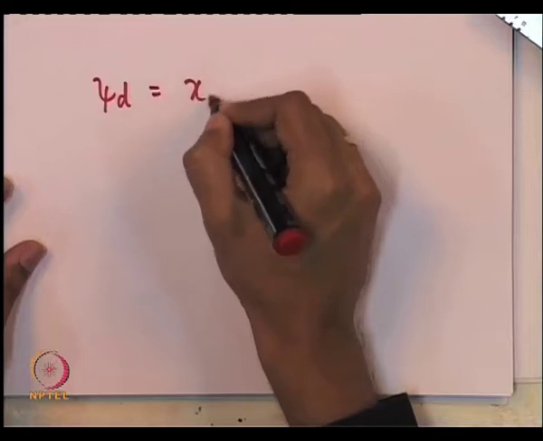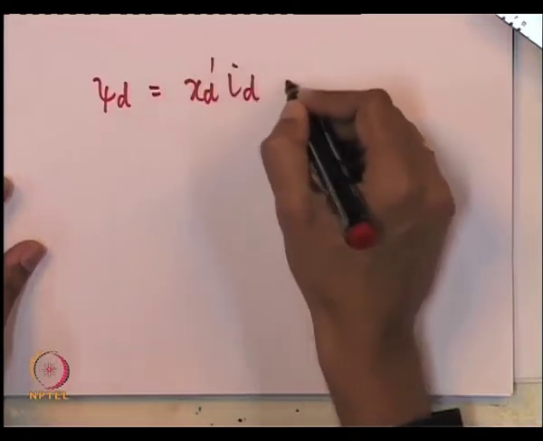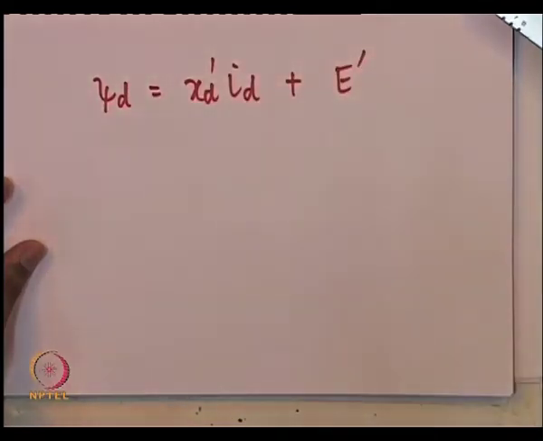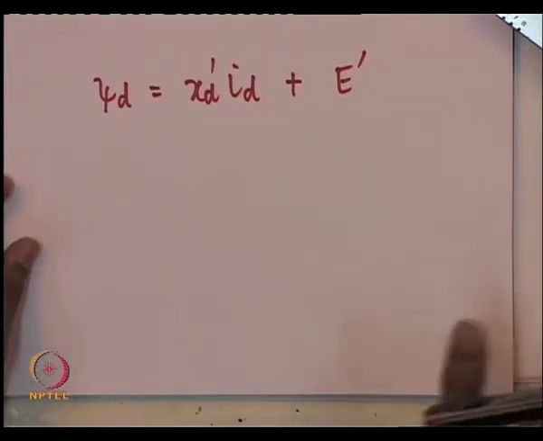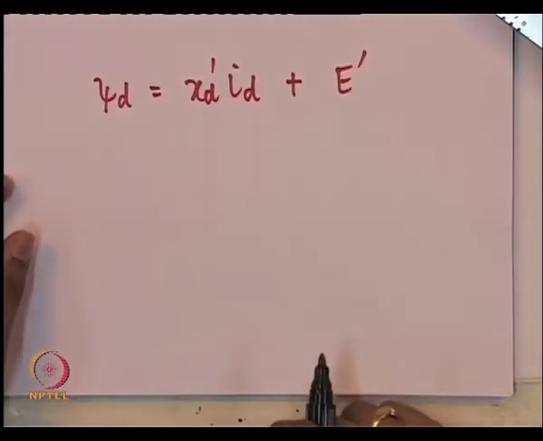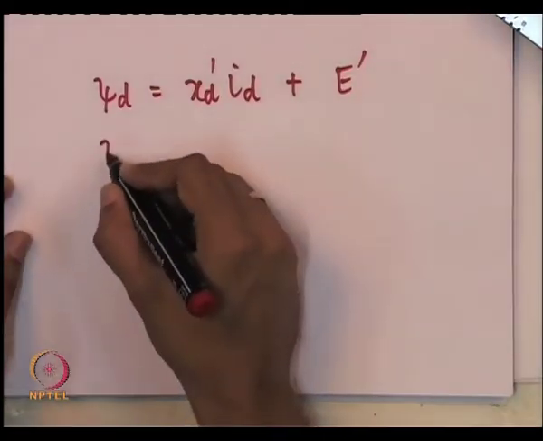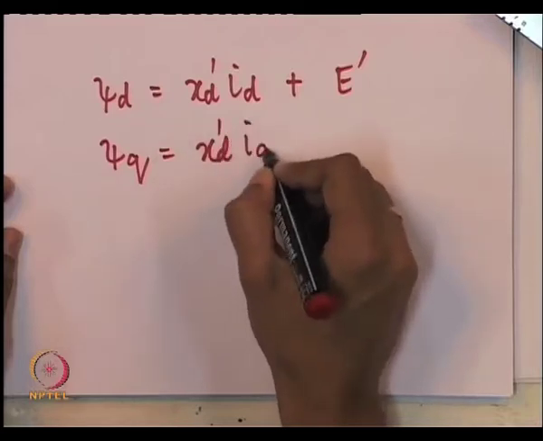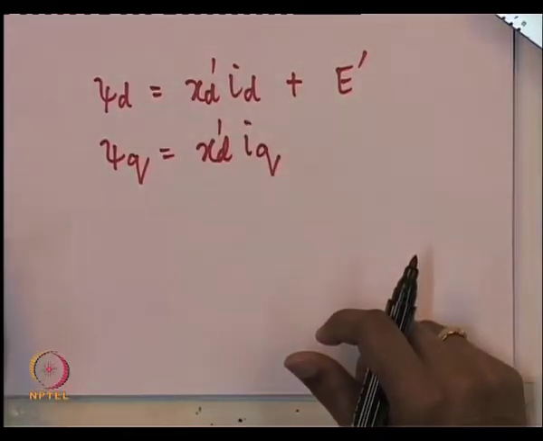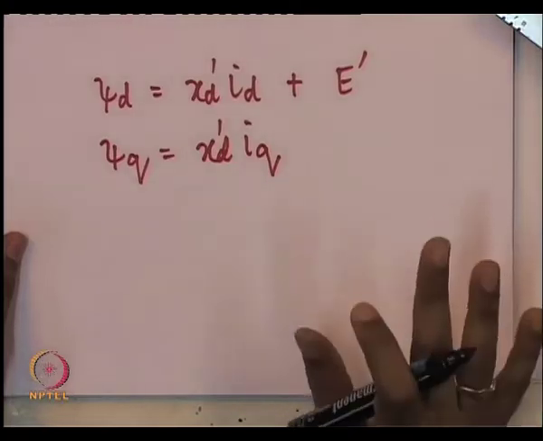So, what you will get, if you just go ahead with what you have got, is psi d is equal to x d dash I d plus E dash. E dash is actually proportional to psi f, which is assumed to be a constant. So, E dash is also a constant, and you also have psi q is equal to x d dash I q. This is got by approximating x q is equal to x d dash, an absolutely ad hoc assumption.